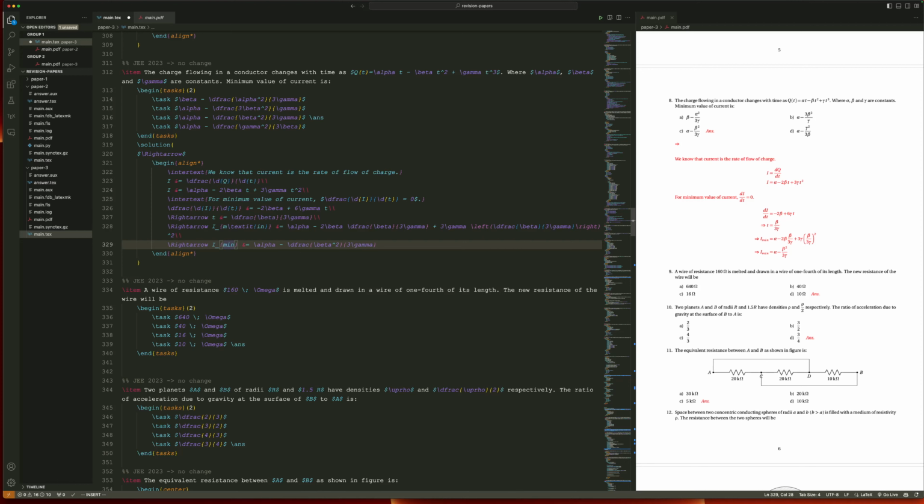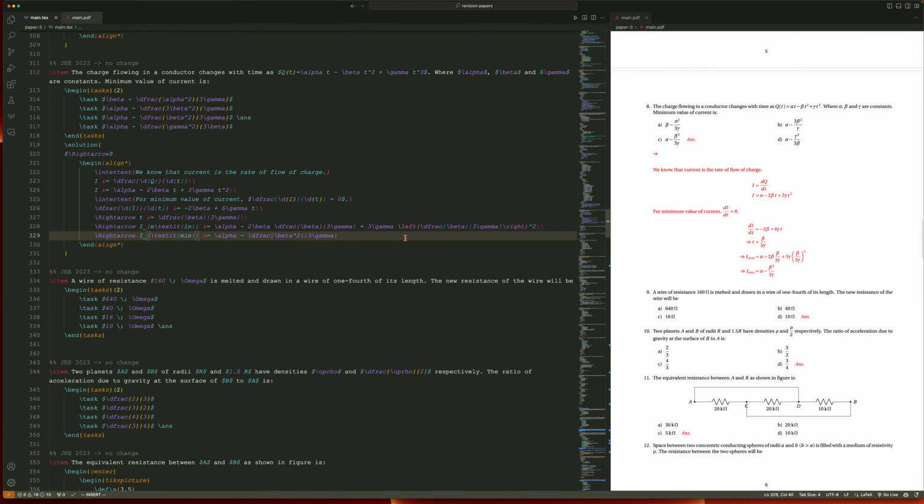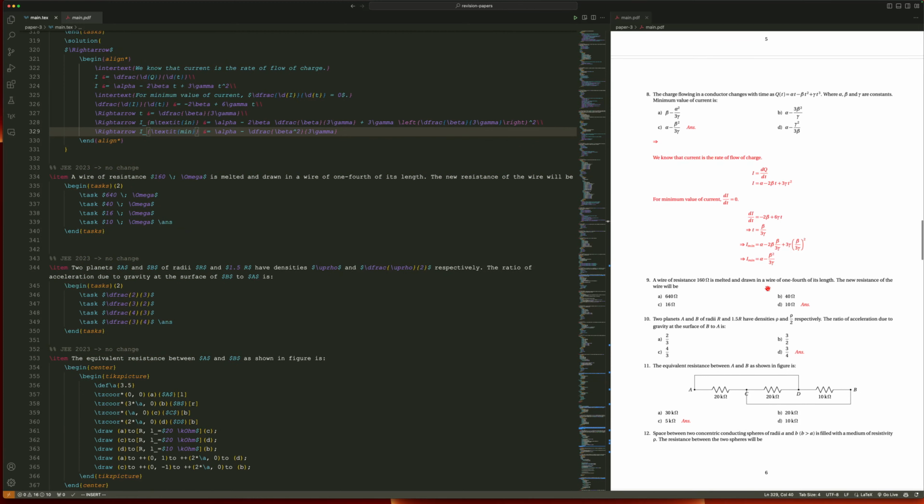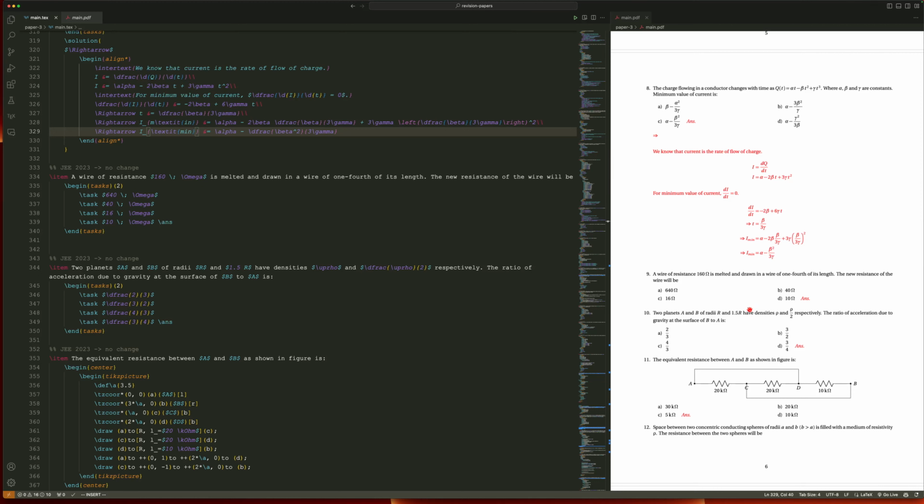We don't know, because at a minimum the derivative of the function tends to 0, and also at a maximum the derivative of the function turns to 0. So here we didn't verify whether it is a minimum or maximum, but we can take it.